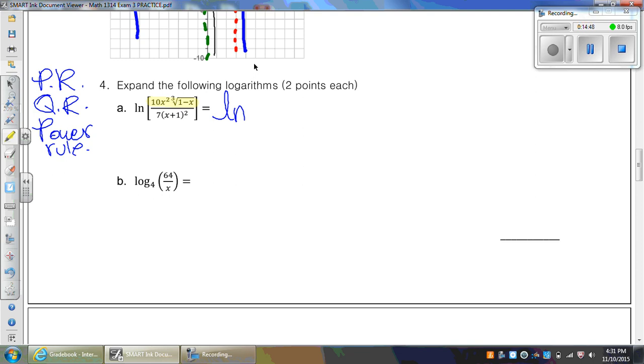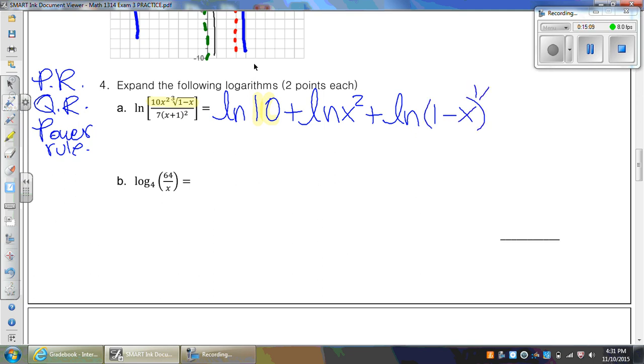So here I'm going to have the ln of 10 plus the ln of x squared plus the ln of the cube root of 1 minus x, but what I want to do is use a fraction as the exponent instead of the cube root.